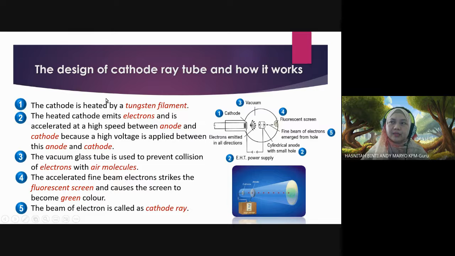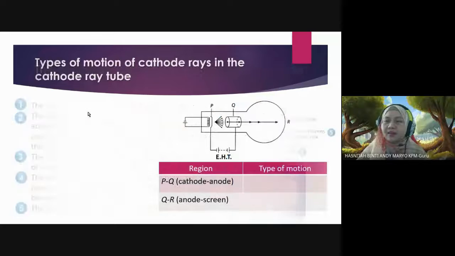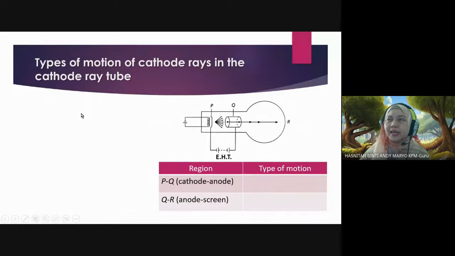So this is the process that occurs inside the cathode ray tube, starting from how the cathode is heated until finally you see a green fluorescent color on the screen, showing that cathode ray is produced. Are you clear with this process, students? What happened inside the cathode ray tube? Yes. Okay, then we take a look at the next part.